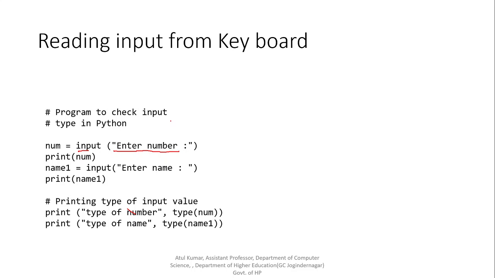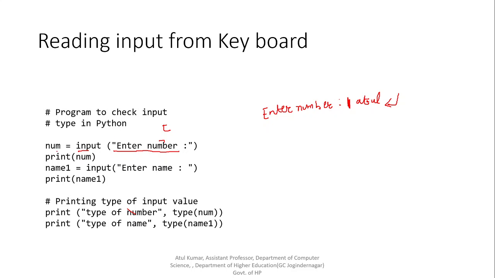When I execute this line, Python shows "enter number:" and there is a cursor blinking. Here you type any input from the keyboard. Suppose I type Atul and press enter.